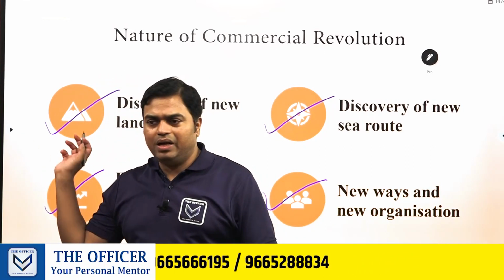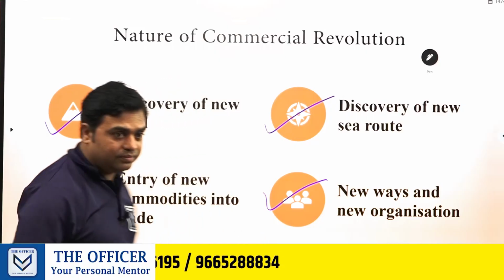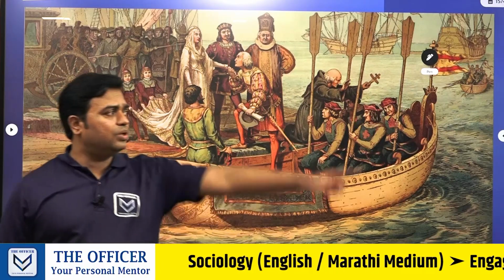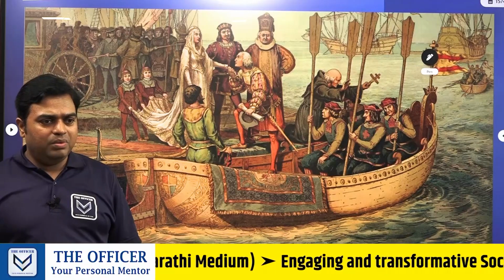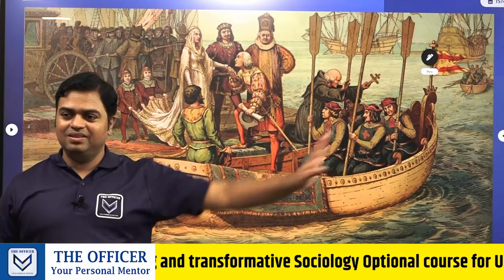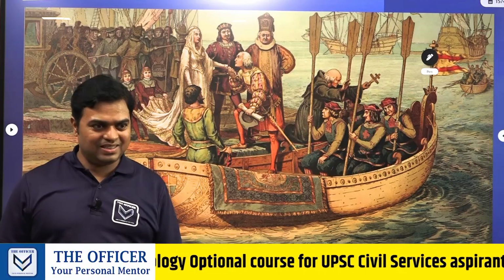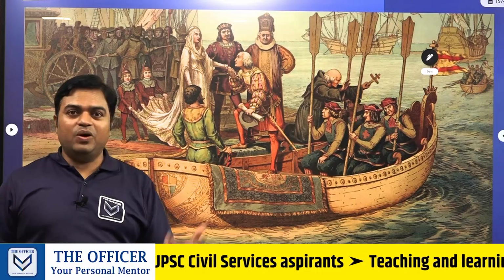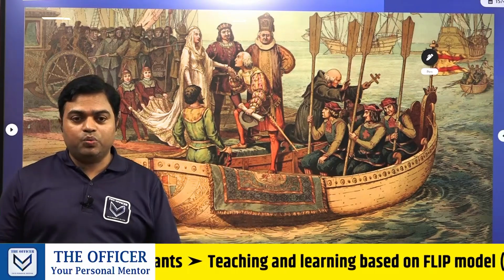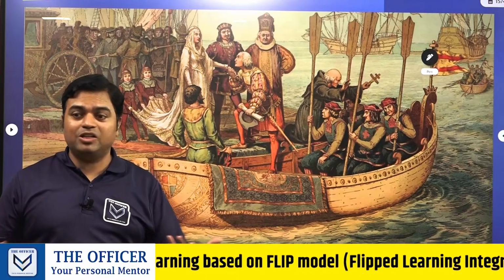Now, discovery of new land, for example, Columbus: yes, he left the European continent to reach India, but accidentally he went to the West Indies. Yes, but accidentally he found new land, rich with minerals and natural resources.